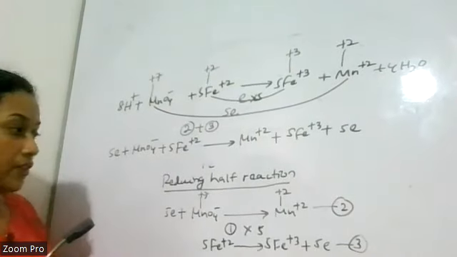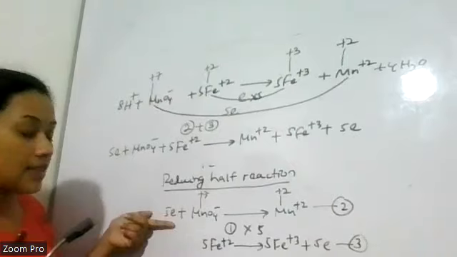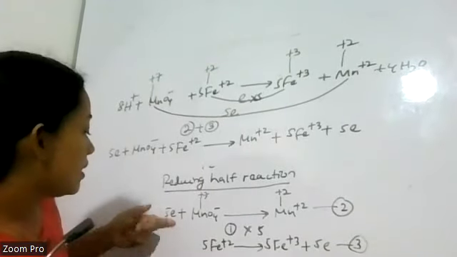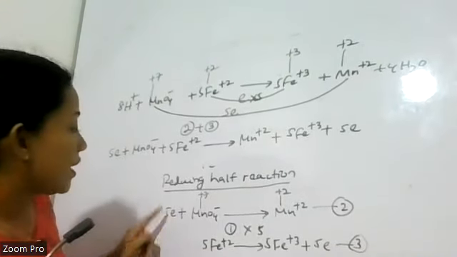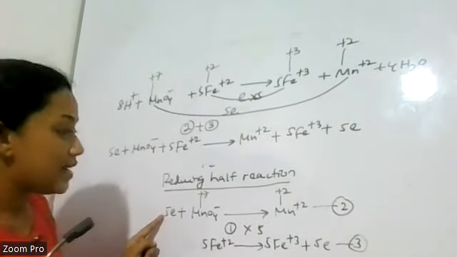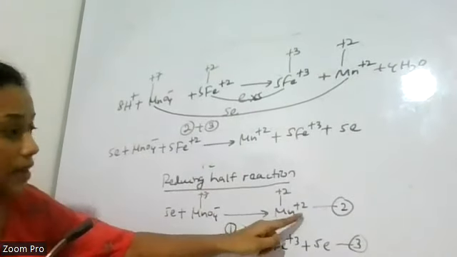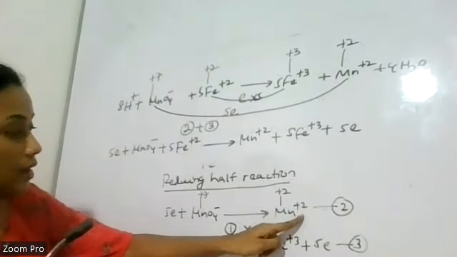Before that, we have to balance their ionic charges. 5 electrons and 1 charge means minus 6, and here plus 2.